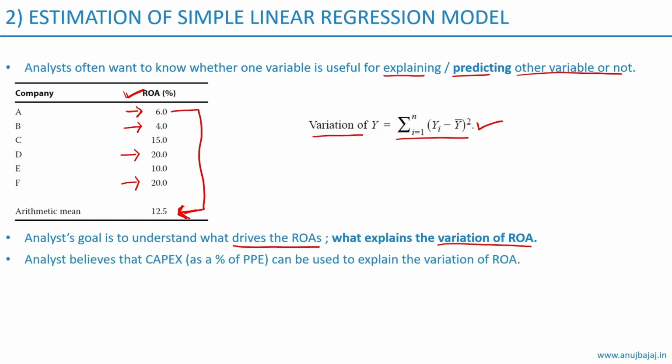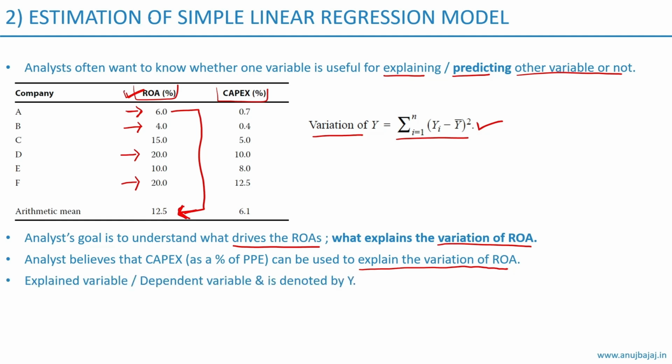So the analyst believes that the capex, that is the capital expenditure, can be used to explain the variation of ROA. So he collects the capex information of all the 6 companies and uses the capex to explain the variation of ROA. Here ROA is referred to as the explained variable.